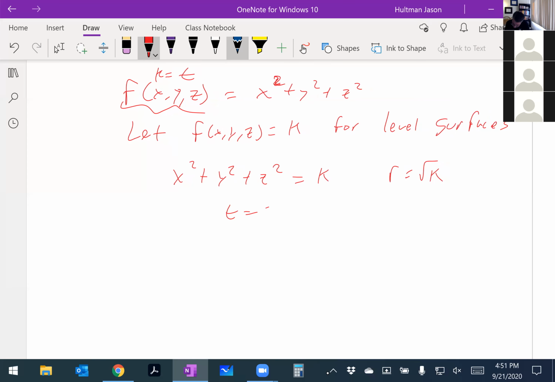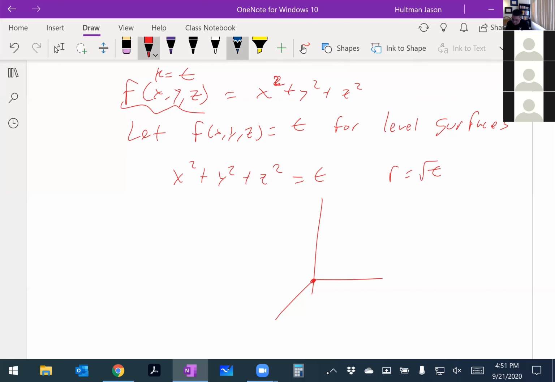We'll say that t was equal to 0. Where would we start? We would start at the point 0, 0, 0. What happens when t is equal to 1? In this case, k is equal to 1. I'll just do t to make it easier.